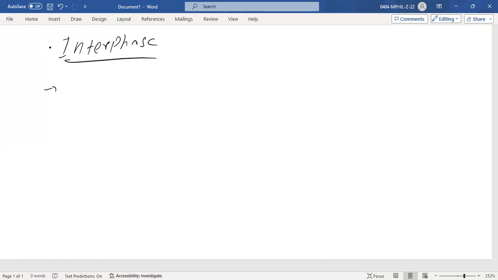It is the longest phase. Remember, I'm talking about its characteristics. Longest phase.